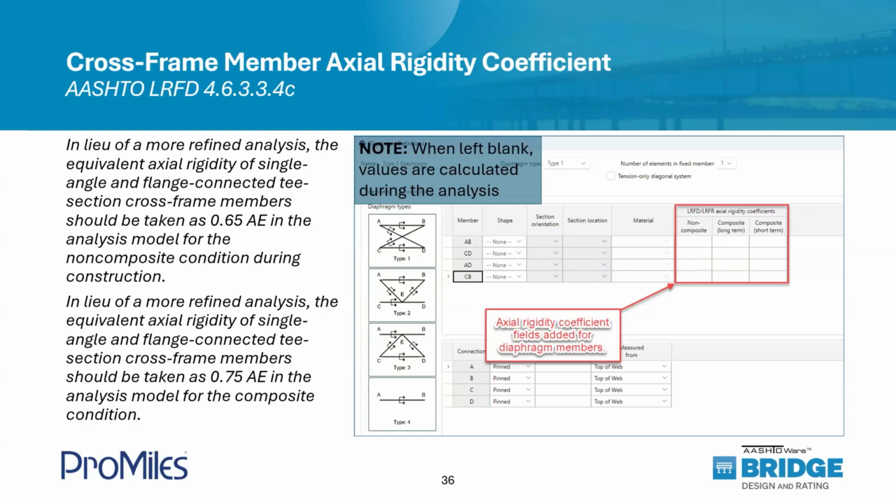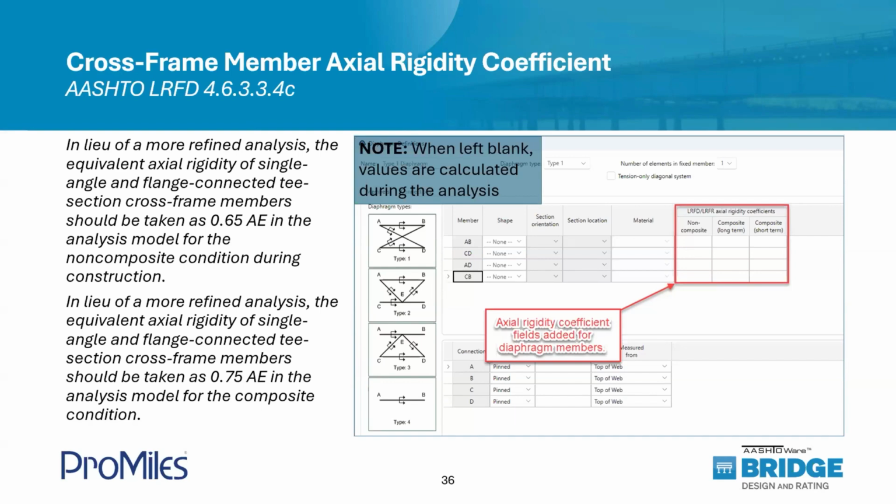The axial rigidity of single angle and flange connected T cross frame members is generally going to be reduced due to the end connection eccentricities. This is implemented in BrDR within a reduced area in the finite element model. And we went with the reduced area since this coefficient applies specifically to the axial rigidity.